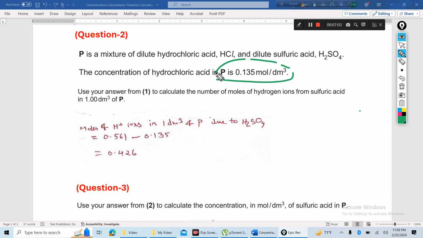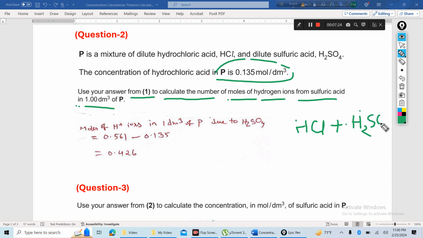Now the question asks you to use your answer 1, the previous answer, to calculate the number of moles of hydrogen ion from sulfuric acid. So here, hydrochloric acid plus sulfuric acid, hydrogen ion comes from these two acids. So the total value you calculated in 1 is 0.561 mole per dm cube, and part of this is from hydrochloric acid.